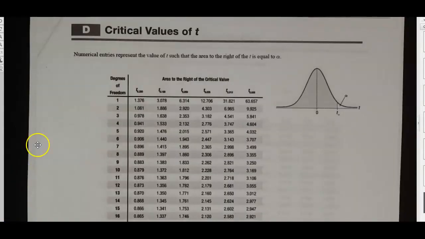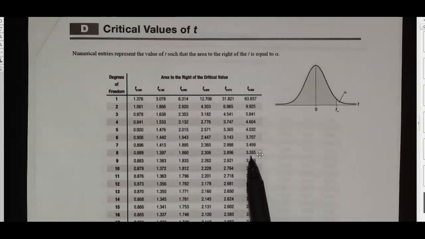So looking at a critical values of t table, the t distribution table for 8 degrees of freedom, our test statistic value is 6.007, which is greater than the highest t value they have on this table, which is 3.355.